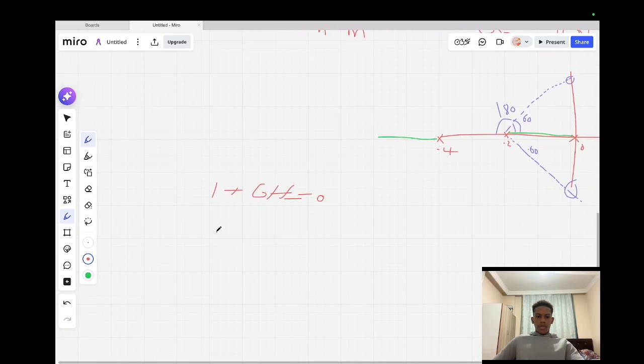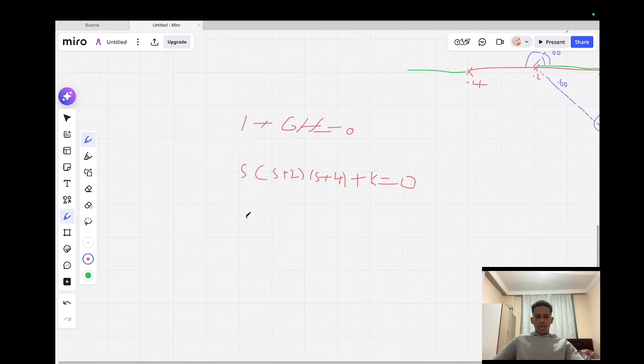It's equal to s multiplied with (s plus 2)(s plus 4) plus k equal to 0.